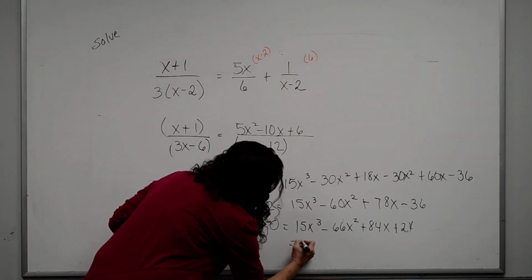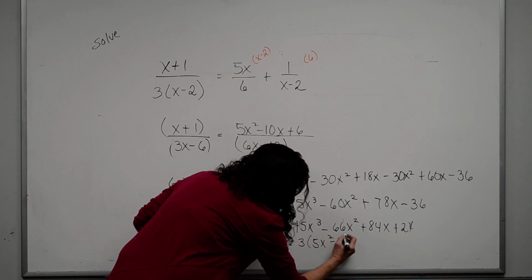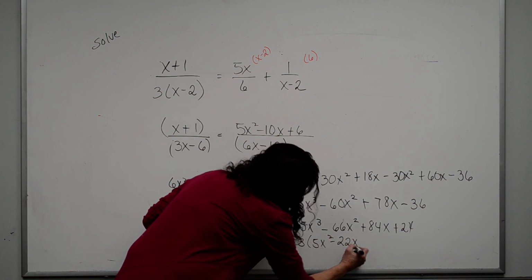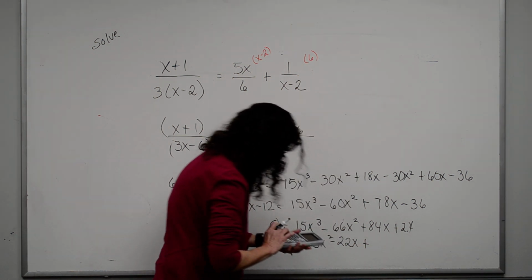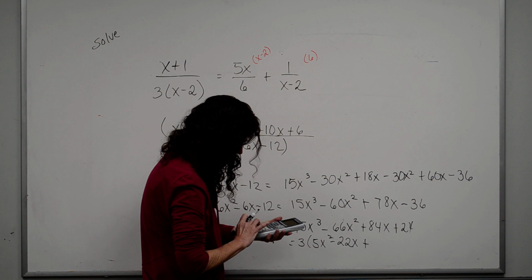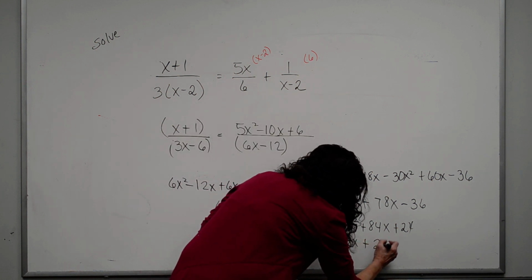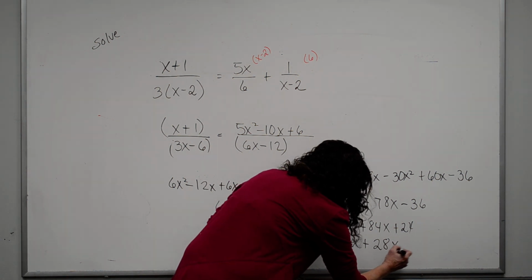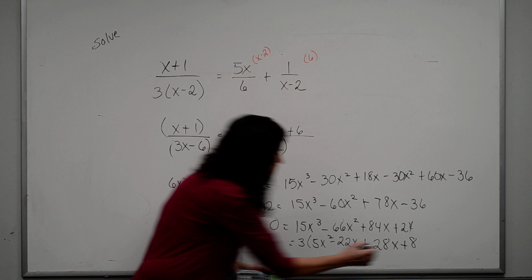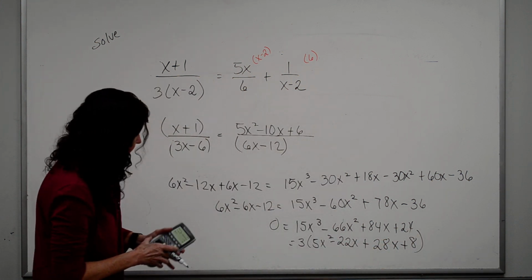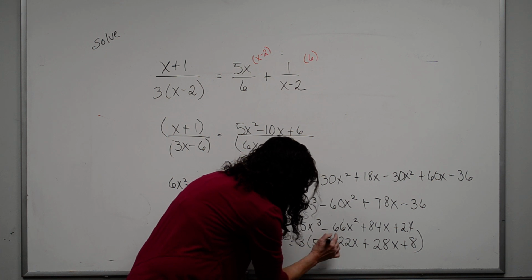So I can pull out a 3, so that's going to be a 5x squared minus a 22x, plus, let's see, 84 divided by 3, it's going to be 28, and that's going to give me an 8 right there. Okay, so far so good? Shouldn't the 22 be x squared? It should be. This should be cubed, right?